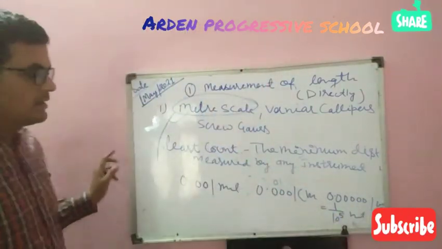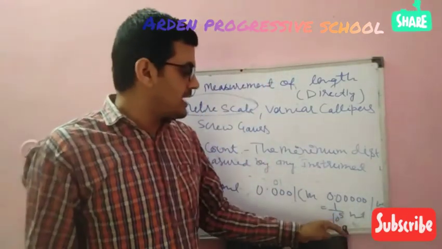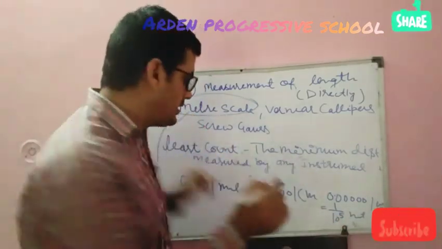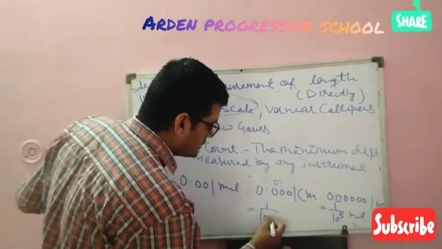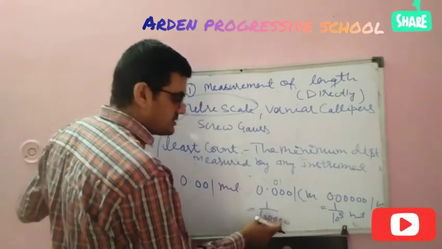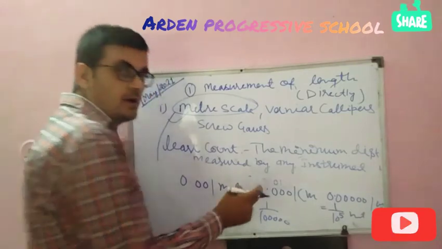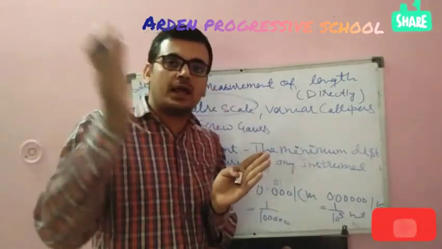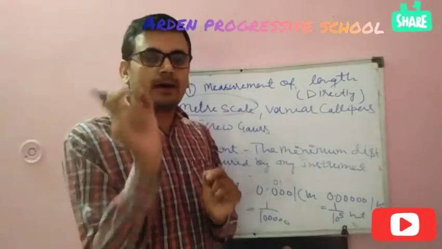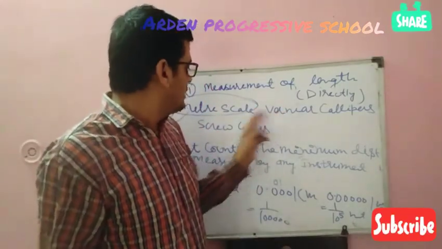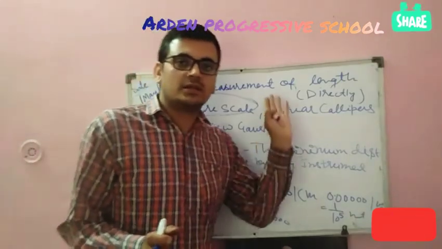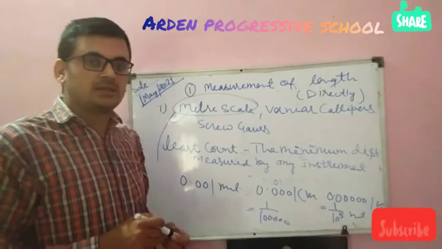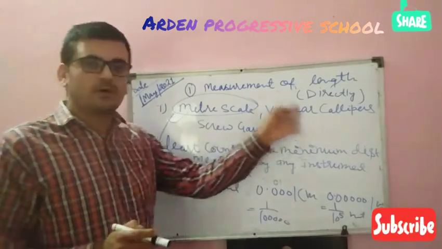It can measure a 10 to the power 5 part of a meter, meaning a one-lakh part of a meter. If you divide 1 meter into one lakh parts, the screw gauge can measure that tiny part. These are the least counts of all these instruments, and these instruments are used for direct measurement.